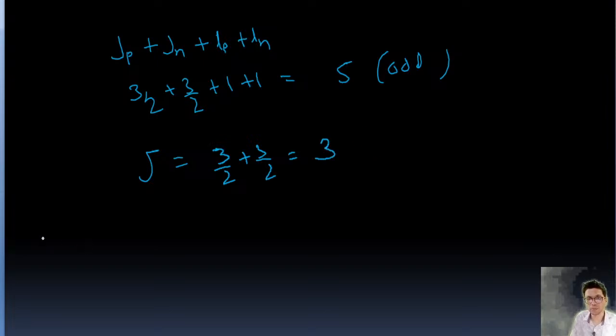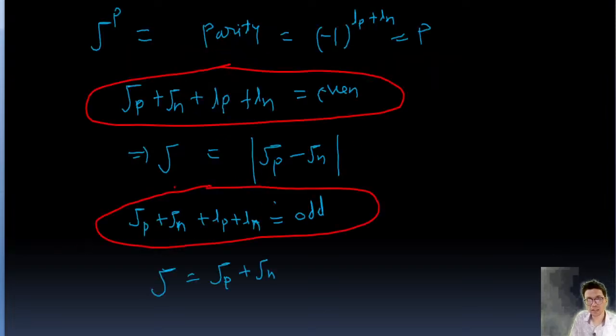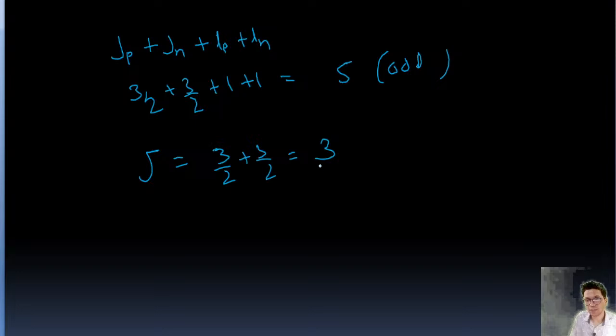Okay, this is the value of J. So the value of J is 3 and parity is plus 1. So Jp is going to be 3 plus, or 3 with parity plus 1. So this is how we find the value of J, or Jp. If we just have to find J, it is going to be 3.